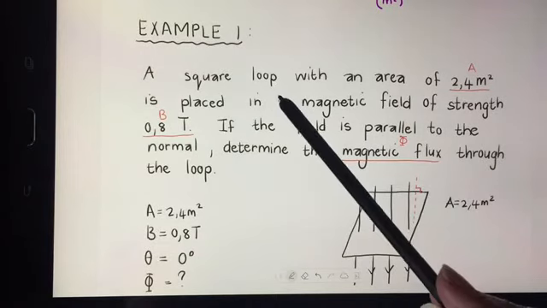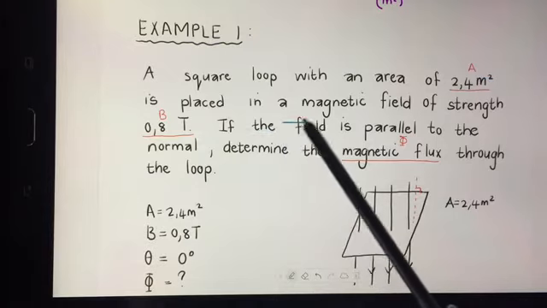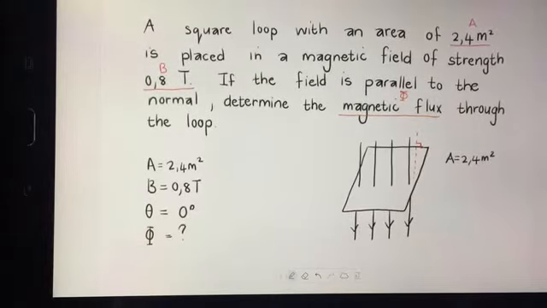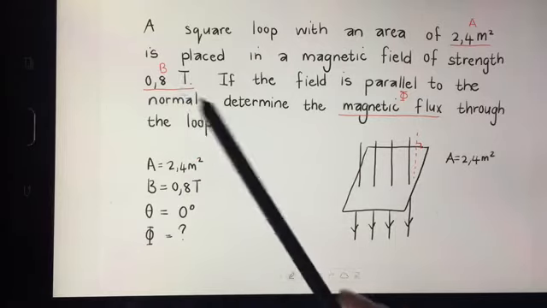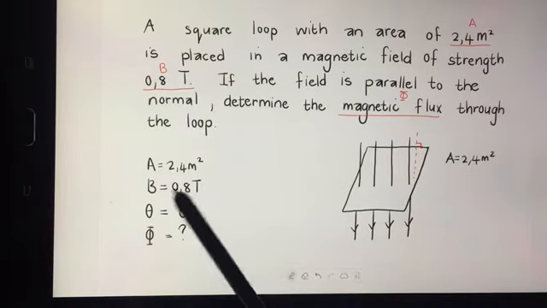A square loop with an area of 2,4 meters squared is placed in a magnetic field of strength 0,8 Tesla. So immediately I can see that I've got area, it's already in meters squared, so I don't have to convert anything. The strength of the magnetic field, B, is given as 0,8 Tesla.